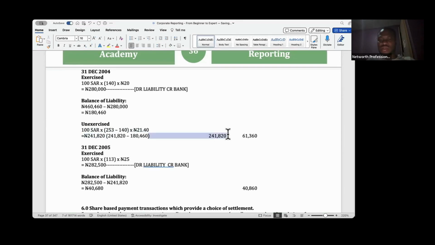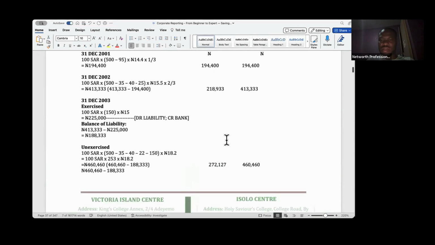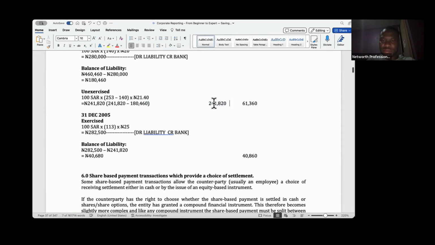So the value of my liability is 241,820, which is what I'll put in my liability account.